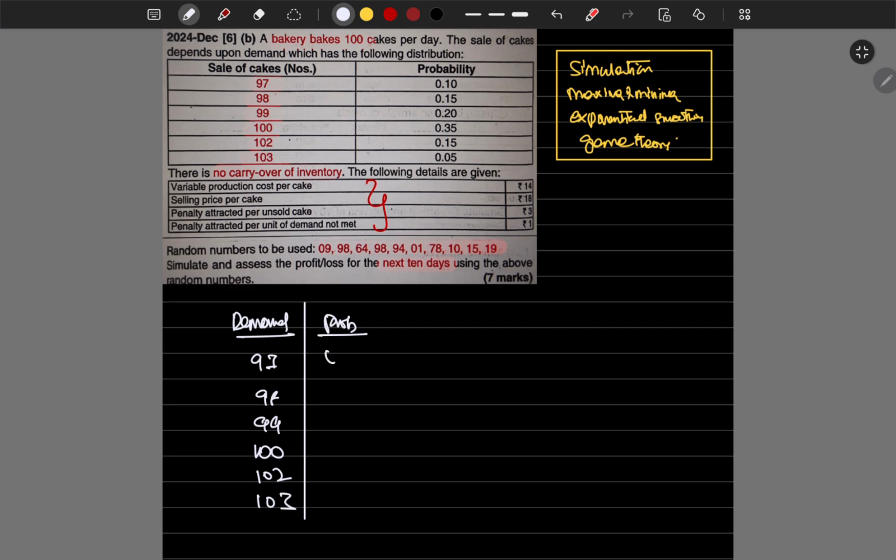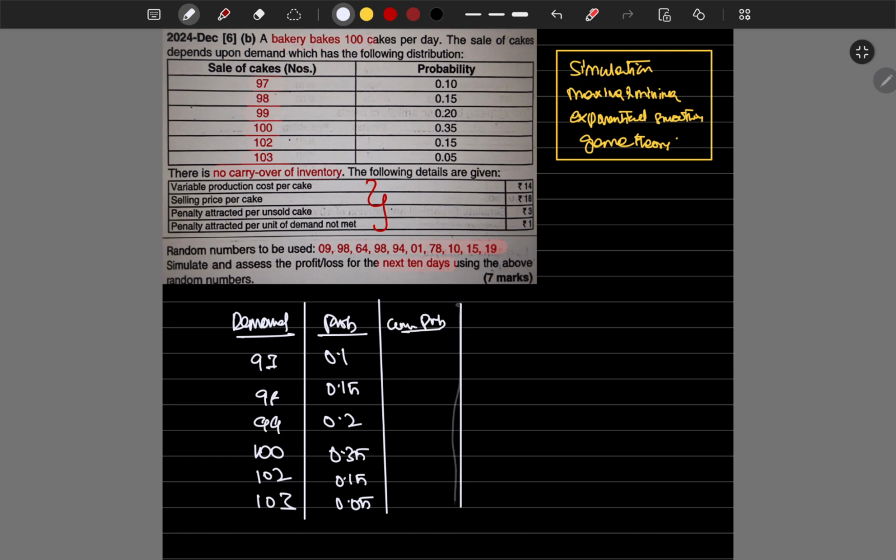The probabilities are 0.1, 0.15, 0.2, 0.35, 0.15, 0.05. Then you have to check the cumulative probability: 0.1, 0.25, 0.45, 0.80, 0.95, 1. With this cumulative probability we are going to find out the random number range.